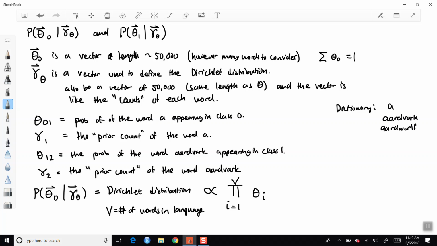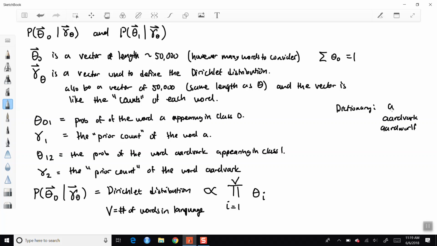If you're trying to classify things based on political categories, then you'd probably want to include words like Obama, which would not show up in a regular dictionary, but will definitely help you classify a document as being politics or not. Okay.